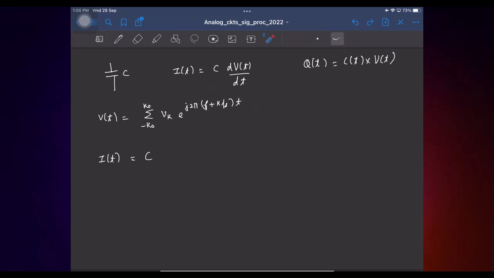Come on, let's finish quickly. I'm basically differentiating this with respect to time, right? I'll have j2 pi, and then within the summation I'll have Vk at f plus k fs, same thing, right? So if I have to represent it in a matrix form, here.